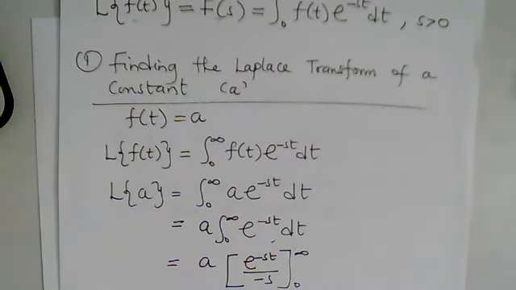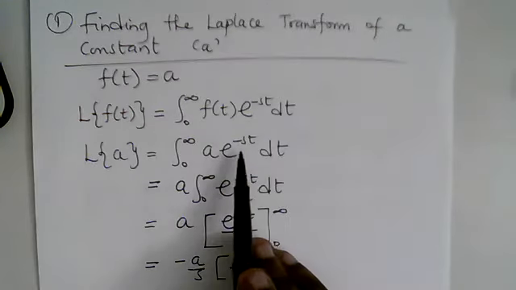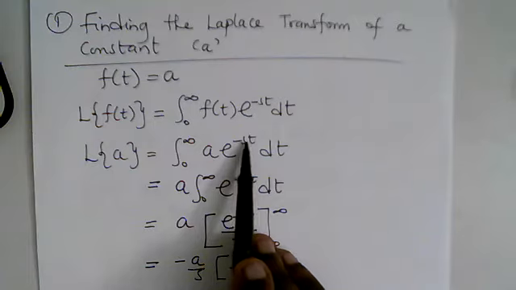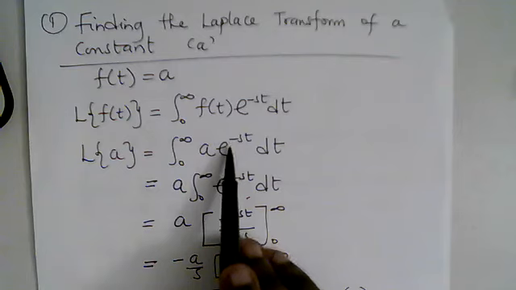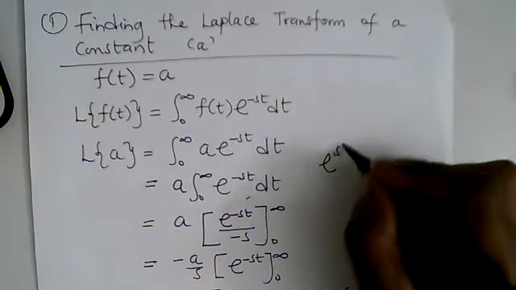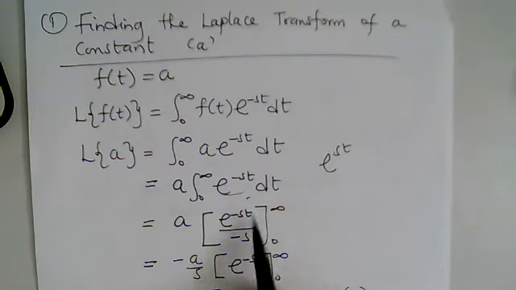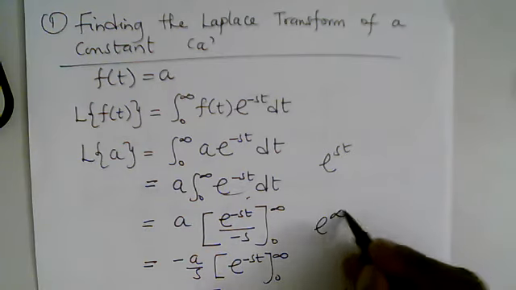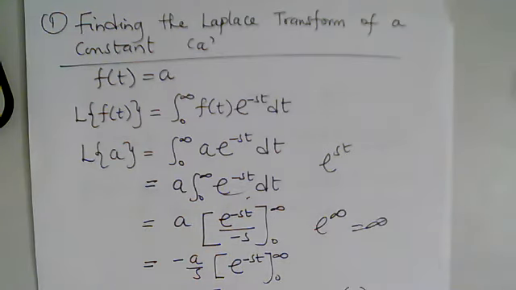The reason why s is very important and s is greater than 0 is that if s is less than 0, then right here, in place of s, if you put minus s, the minus is going to nullify this minus, and then you're going to have e exponent st. And when you put in the limit as t approaches infinity, it is going to be e exponent infinity, which is infinity, not 0.